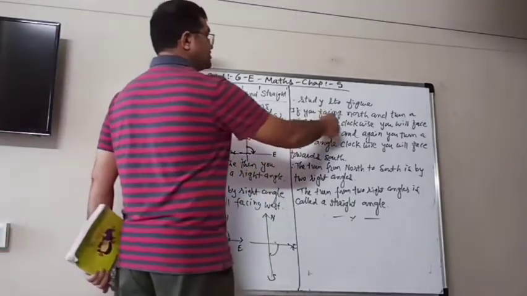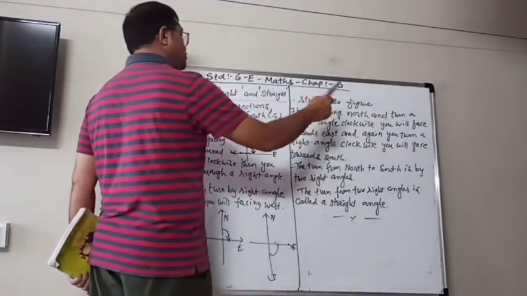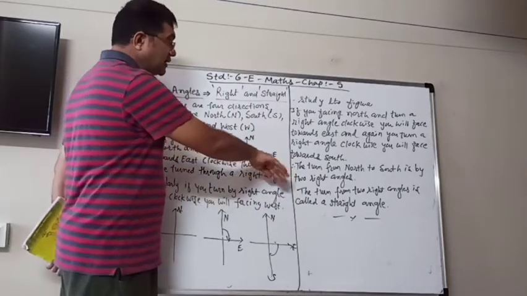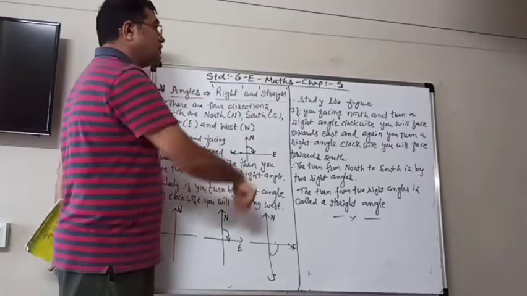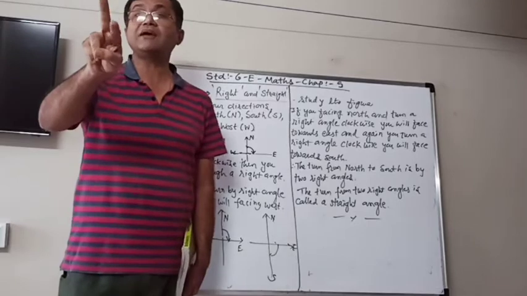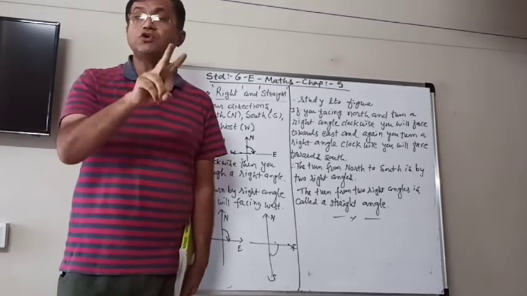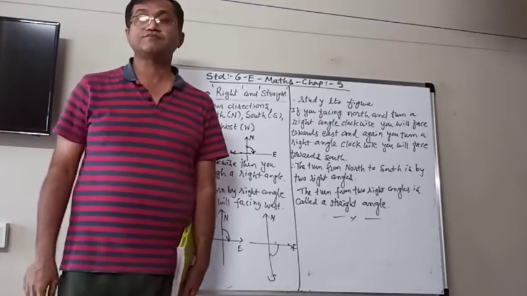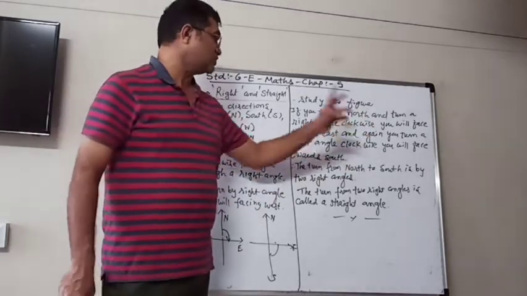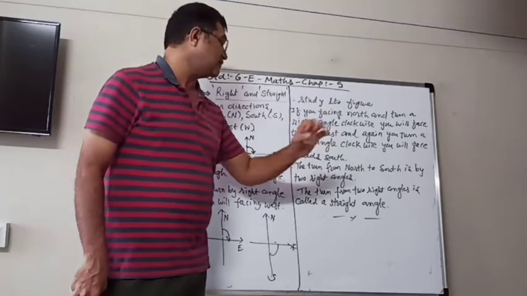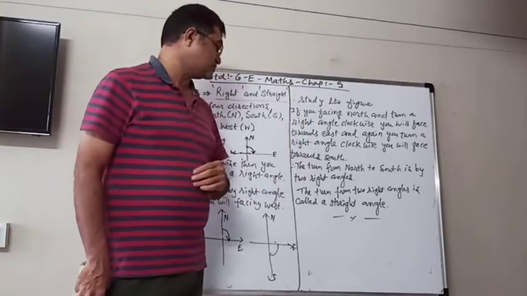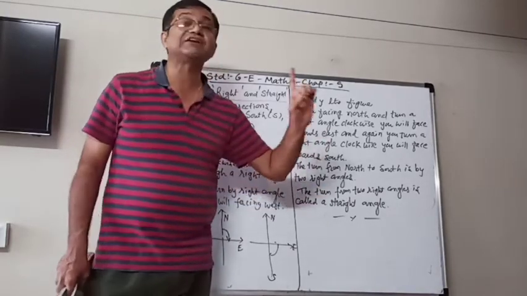So if you are facing north and turn a right angle clockwise, you will face towards east. And again you turn a right angle clockwise, you will face towards the south. So here, as I told you, there are two right angle turns. The turn from north to south is by two right angles, and the turn of two right angles is called a straight angle.